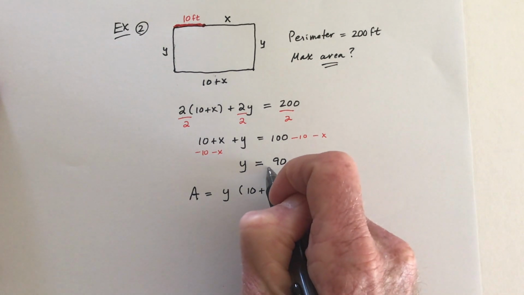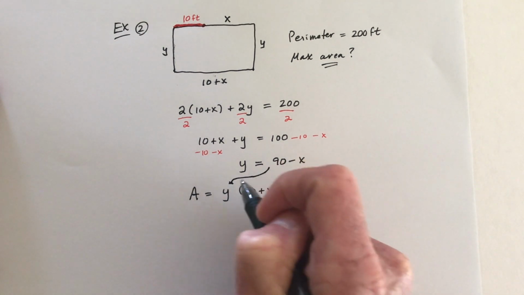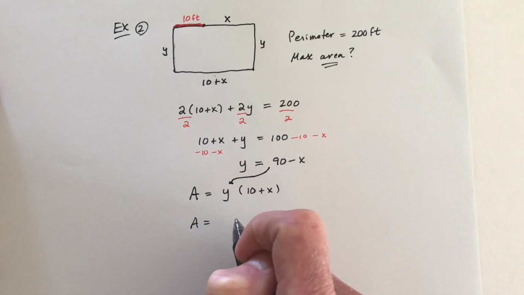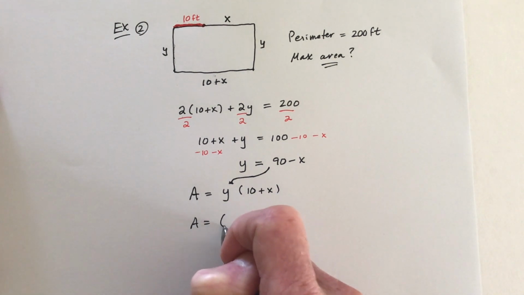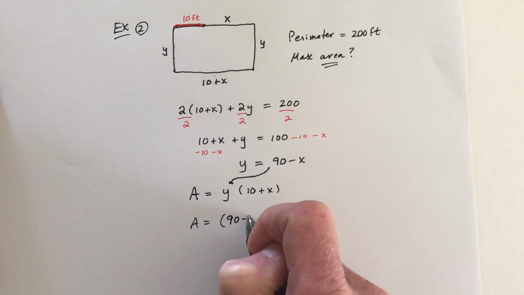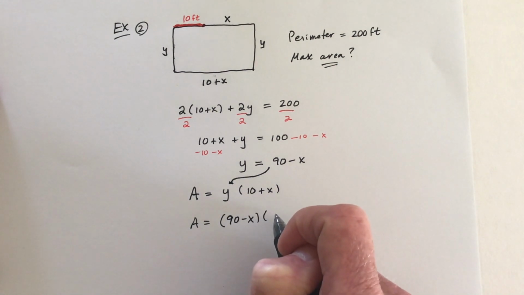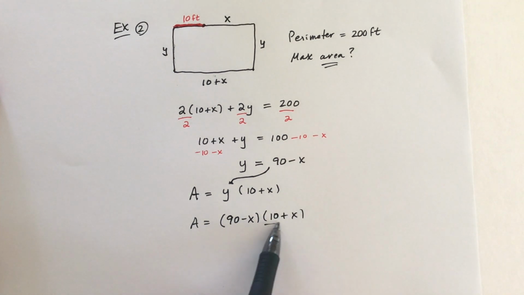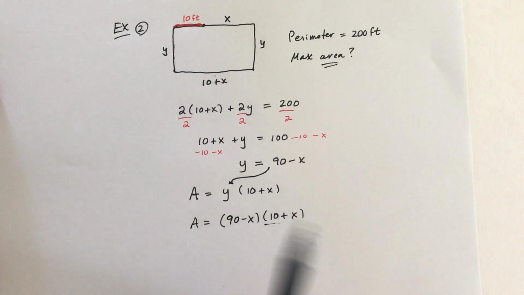And just like with the last one, since we know what y equals, you can substitute that in. So A equals, the y is getting replaced with 90 minus x, and then the 10 plus x is still there. That way, my only variable over here is x.